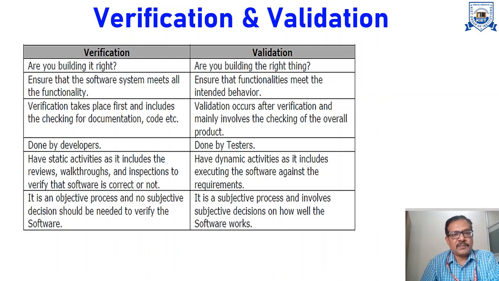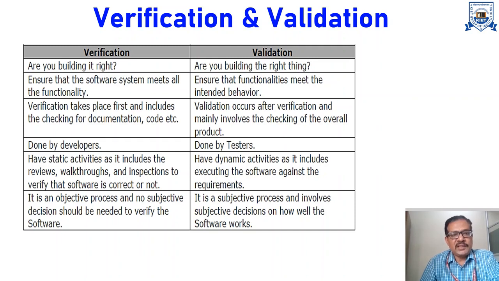Verification takes place first and includes the checking of documentation, the checking of code, etc. Whereas validation occurs after verification and mainly involves the checking of the overall product. Verification is done by the developers and validation is done by the testers.